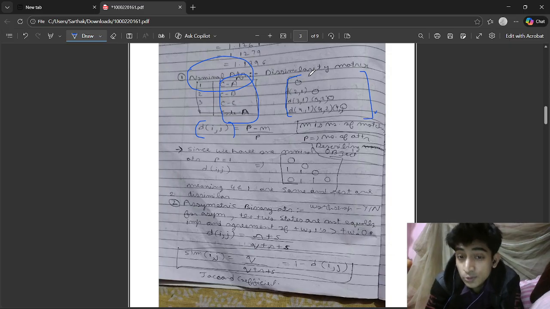Now, as we know, the dissimilarity between first and first is zero. That means the records are similar. Similarly, we calculate dissimilarity for all of these, and the diagonals will be 0, 0, 0 as every record is similar to itself.